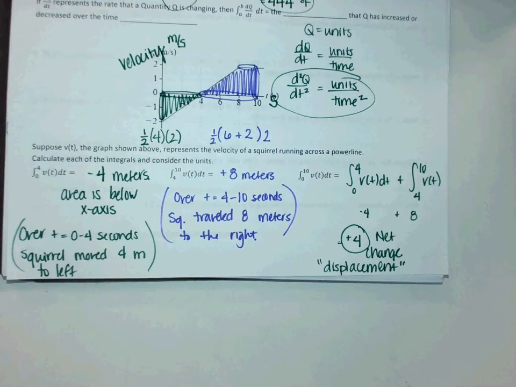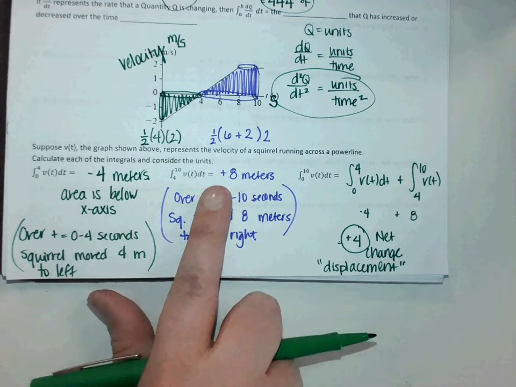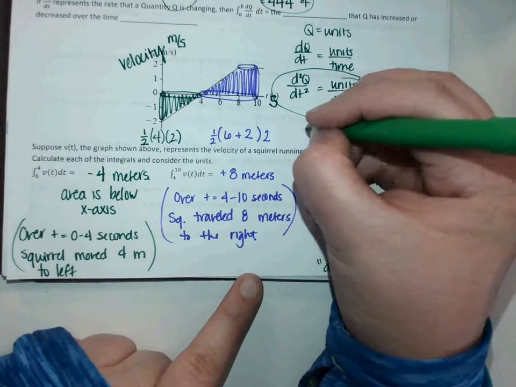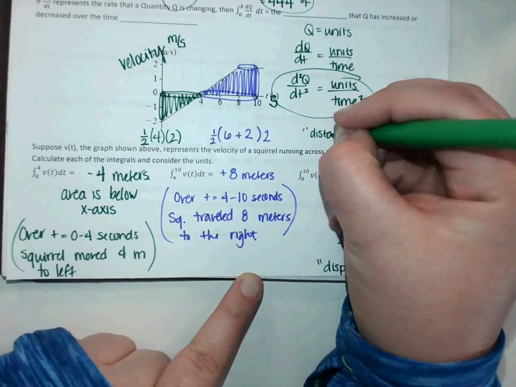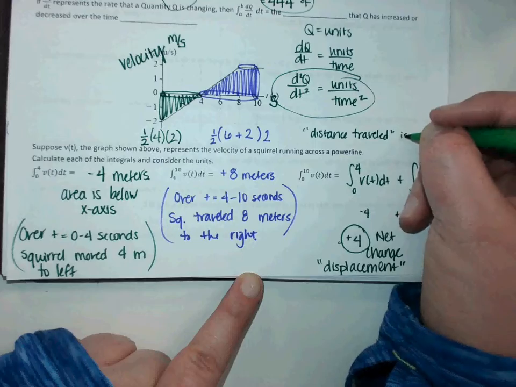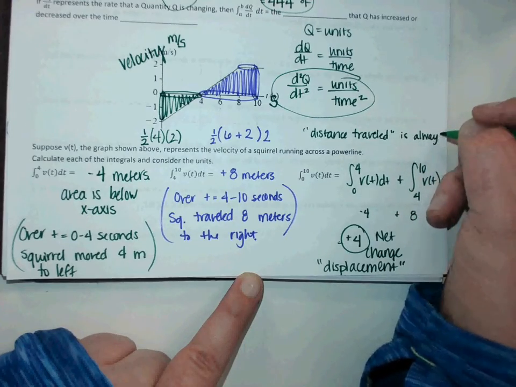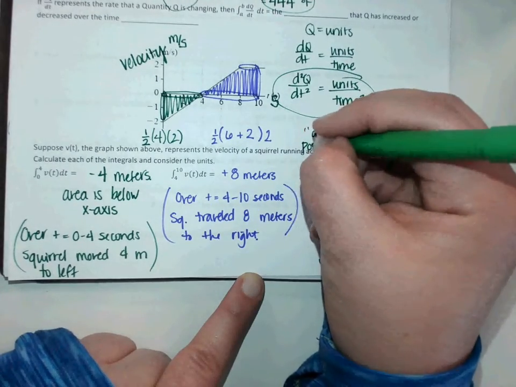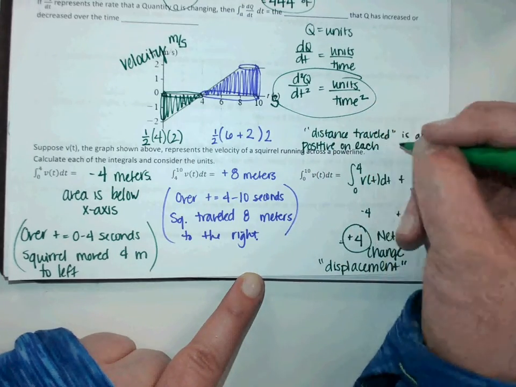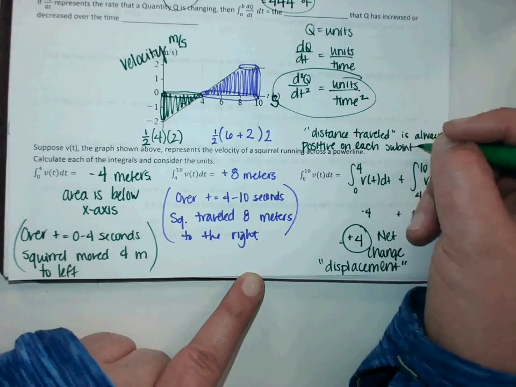So in this scenario, distance traveled, you take the sign off, you just count everything as positive. So for my squirrel, if he went 4 to the left and 8 to the right, what's his distance traveled? 12 meters. 12. Very good. So I'm going to put up here, distance traveled is always positive on each sub-interval.